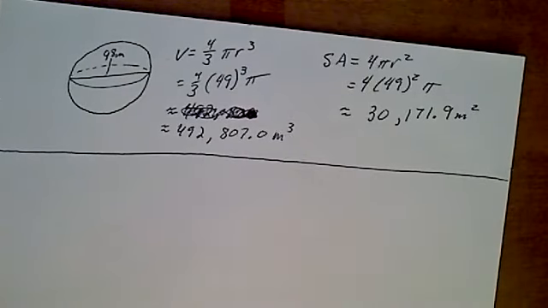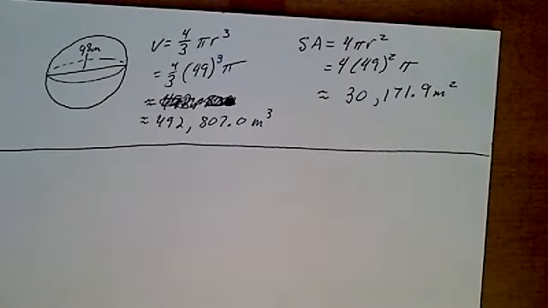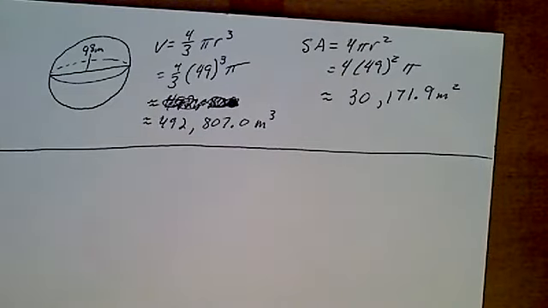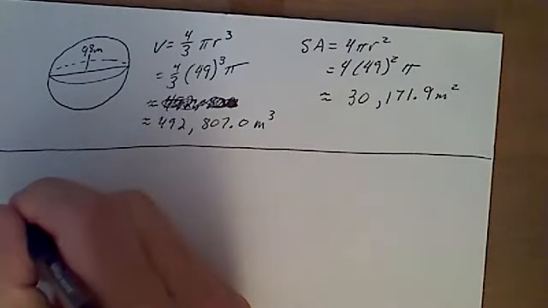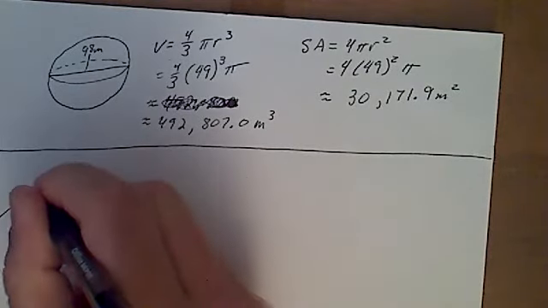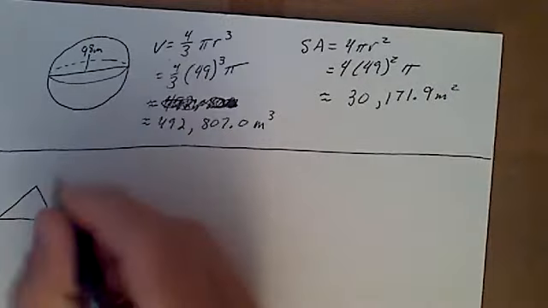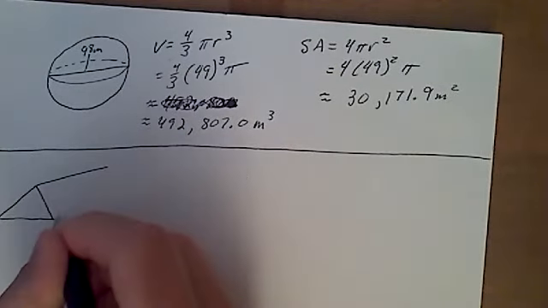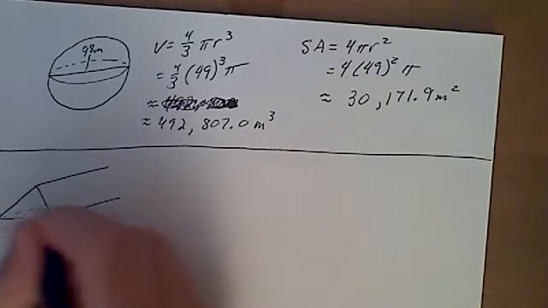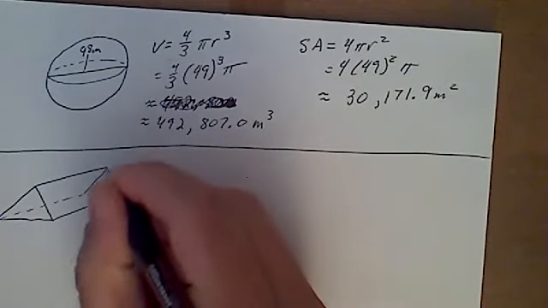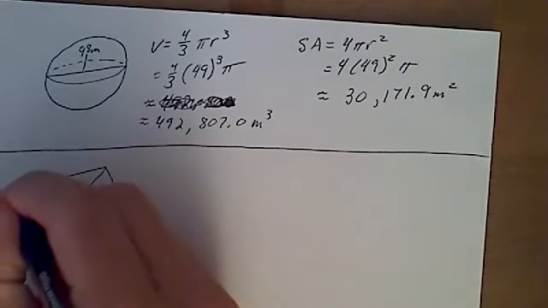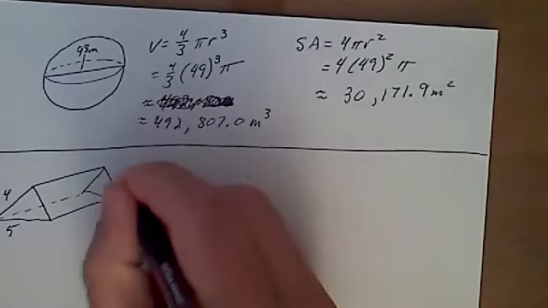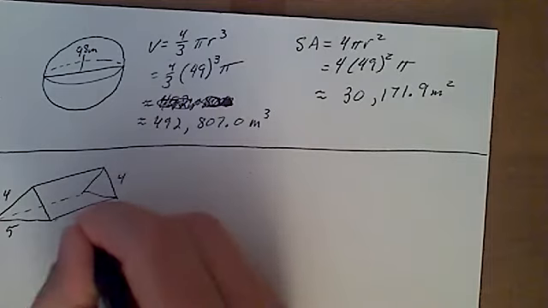All right, the second thing you need to know how to do is to find volume, surface area, and lateral area of a prism. So if we had the following prism, oops, that should be a dashed line, that's fine. 4, 5, 4, and 9.5.